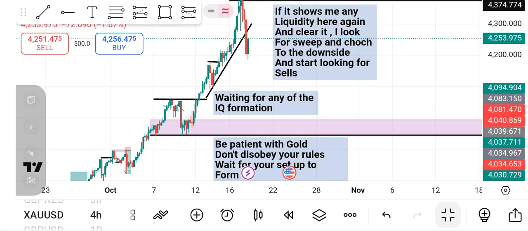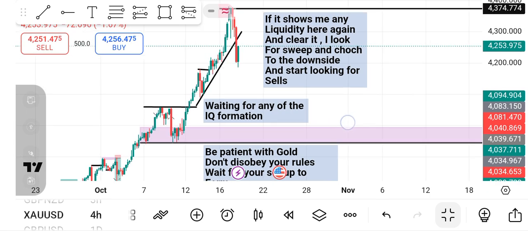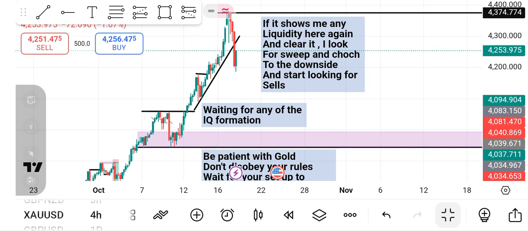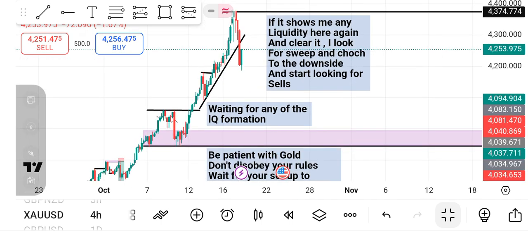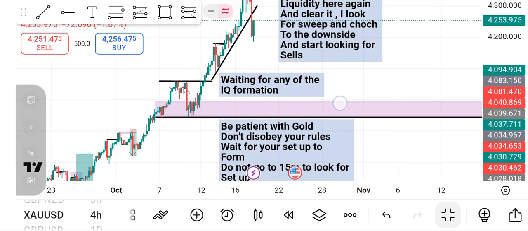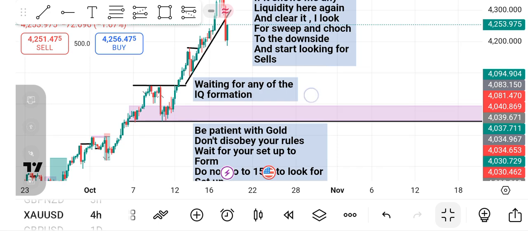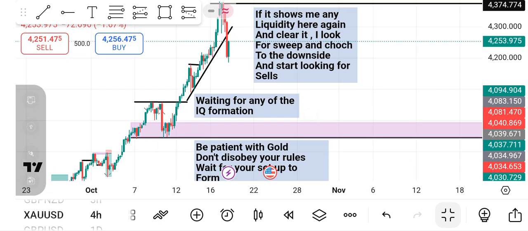And once price comes to discount zone, and for me to start buying after it has cleared out this liquidity, I will wait for gold to form any type of liquidity trap at the discount zone right here, right?